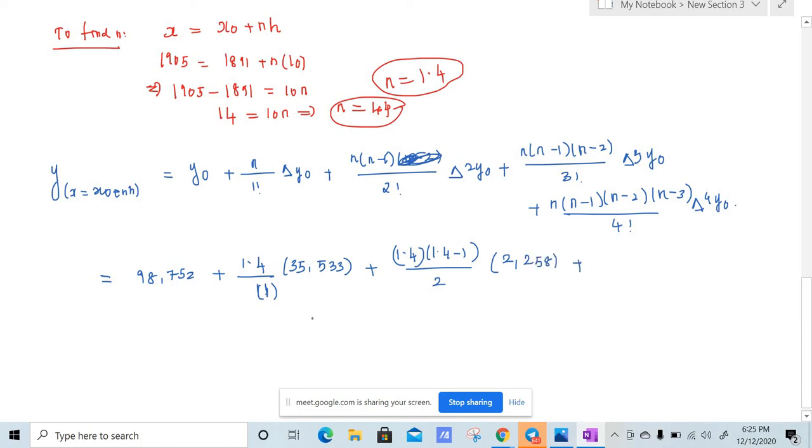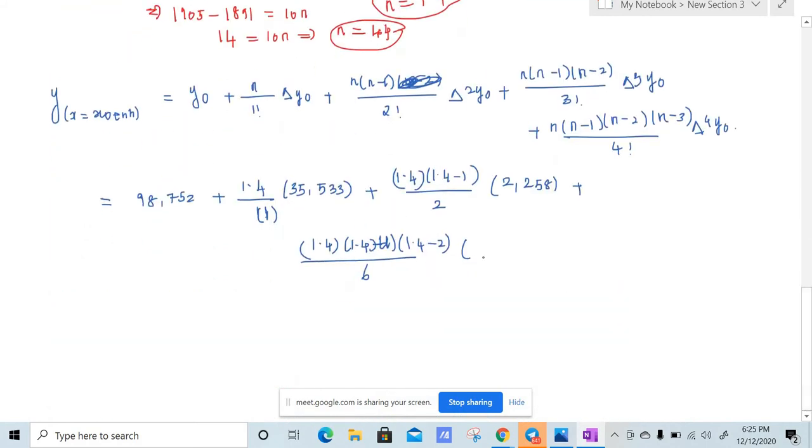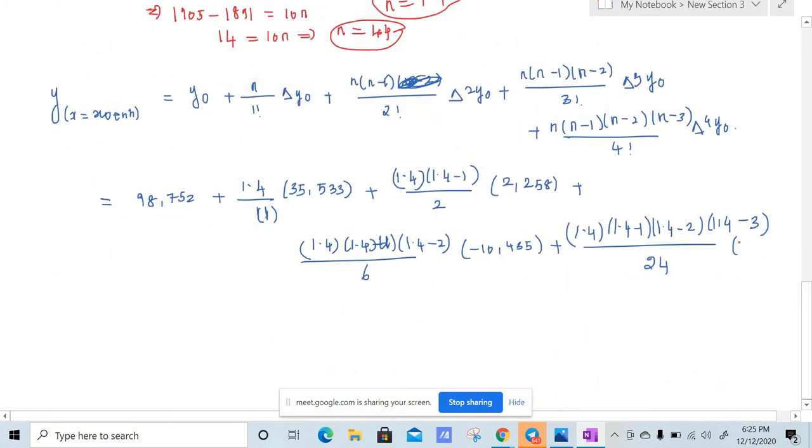Plus n into n minus 1, n minus 2 divided by 3 factorial, which is 6, into del cube y naught, which is minus 10,435. Plus n into n minus 1, n minus 2, n minus 3 divided by 4 factorial, which is 24, into del power 4 y naught, which is 41,358.